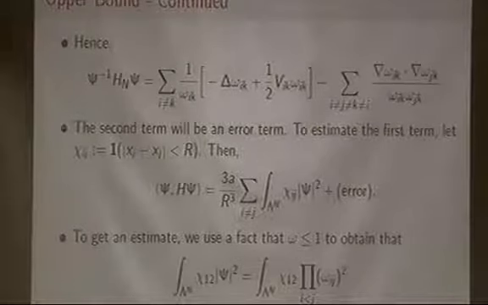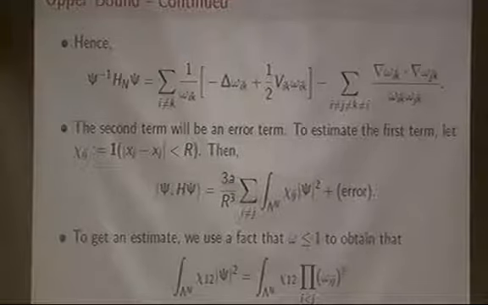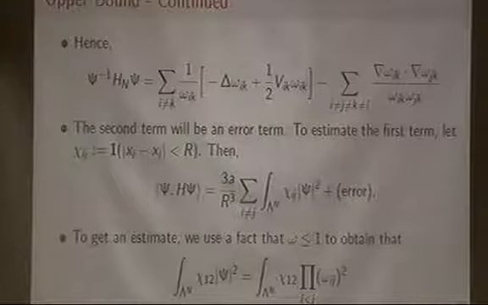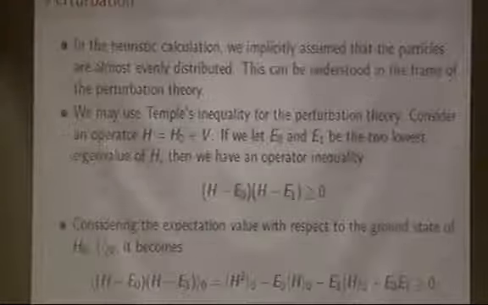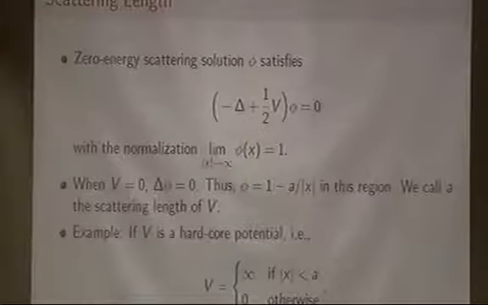Now you can see why the 1/2 was needed: in this case we sum over different i and k, not just pairs, but then this v should be with 1/2. So this minus Laplacian plus 1/2 v is the Hamiltonian that we have seen from the zero energy scattering solution.